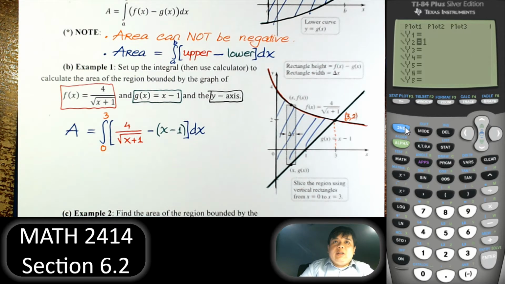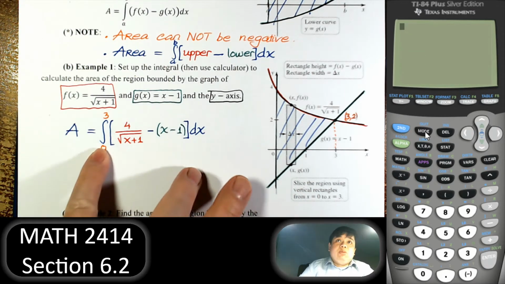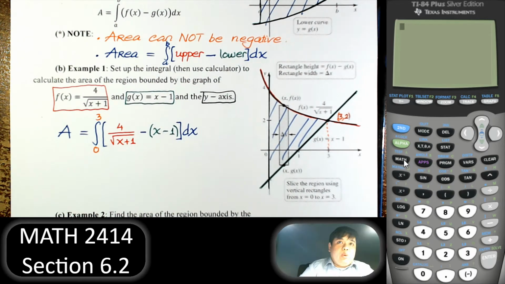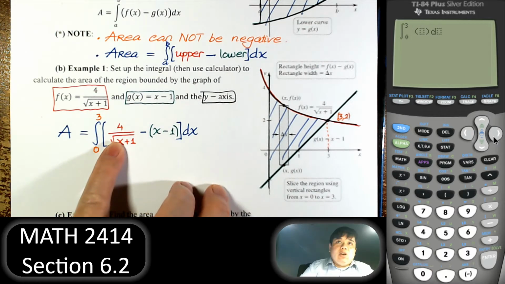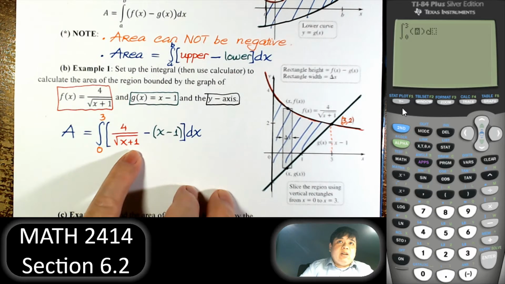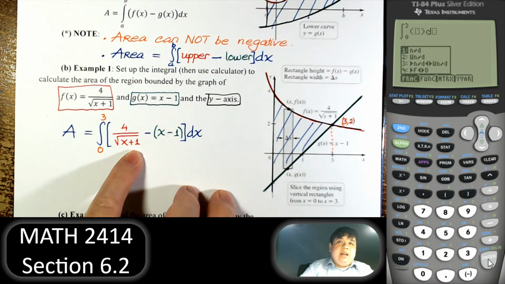Let's just clear this off. So first we just do the integration. On a TI-84 calculator we hit math option number 9, and that is the integral that goes from 0 to 3. And then we have the function. I can enter the fraction with alpha y equal, and then enter.